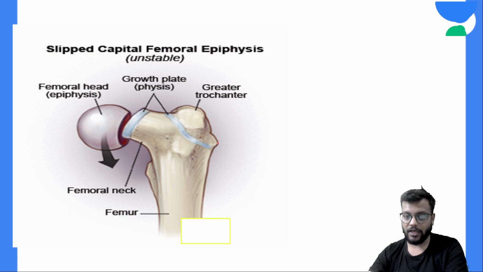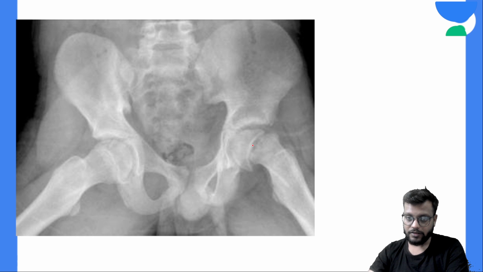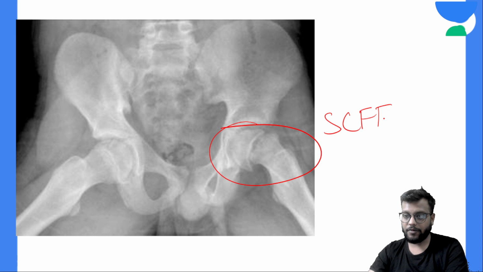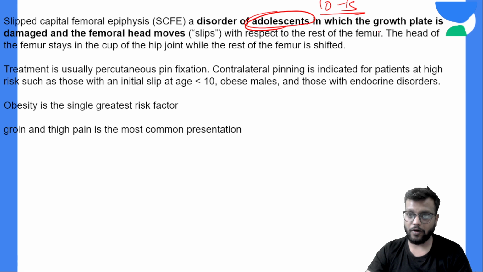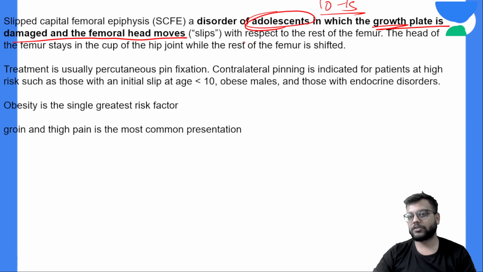You can see in the x-ray here. See, this is your slipped capital femoral epiphysis, you can now very easily appreciate. So it is basically a disorder of the adolescent 10 to 15 year age group, in which the physis or the growth plate is damaged and the femoral head slips relative to the rest of the femur.